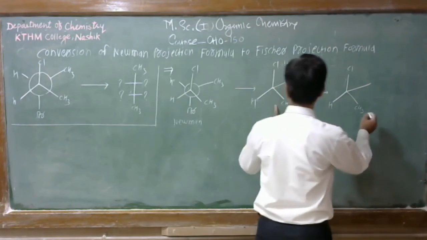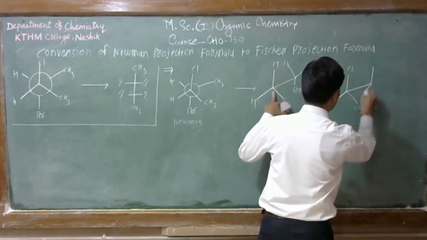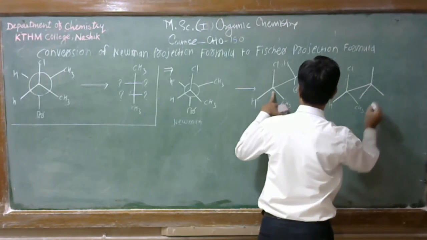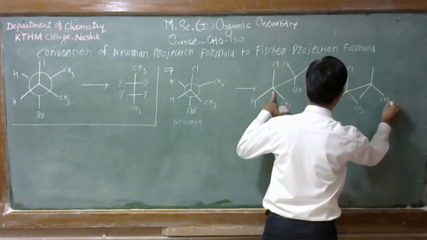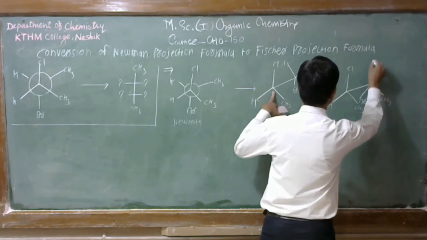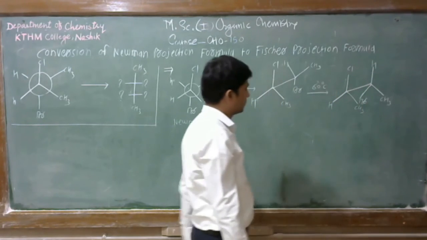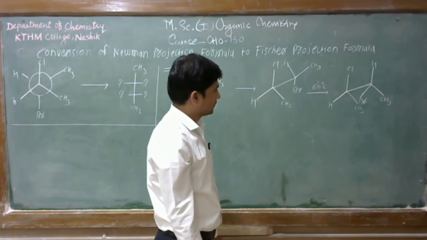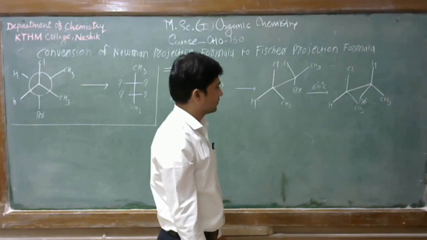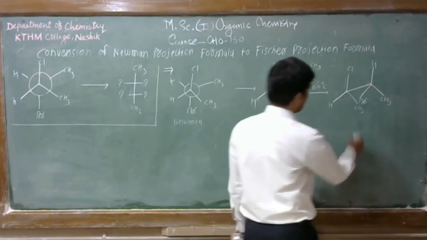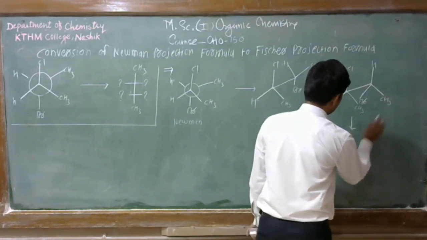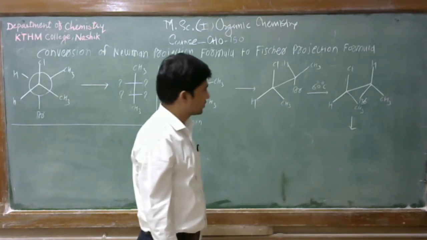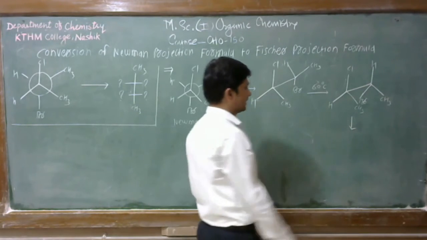Then we can write the structure like this. This is the CH3, this is the bromine, and this is the hydrogen. Now this is eclipsed form, and we have to write here now the whole structure. We have to rotate the whole structure by 120 degrees.